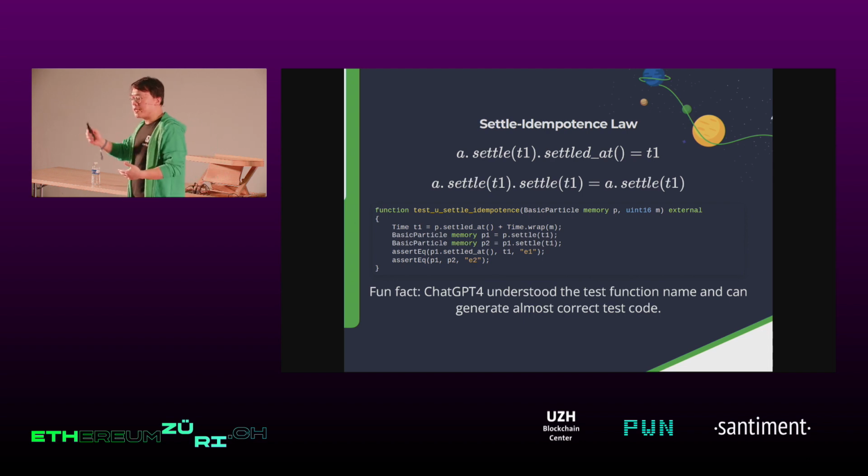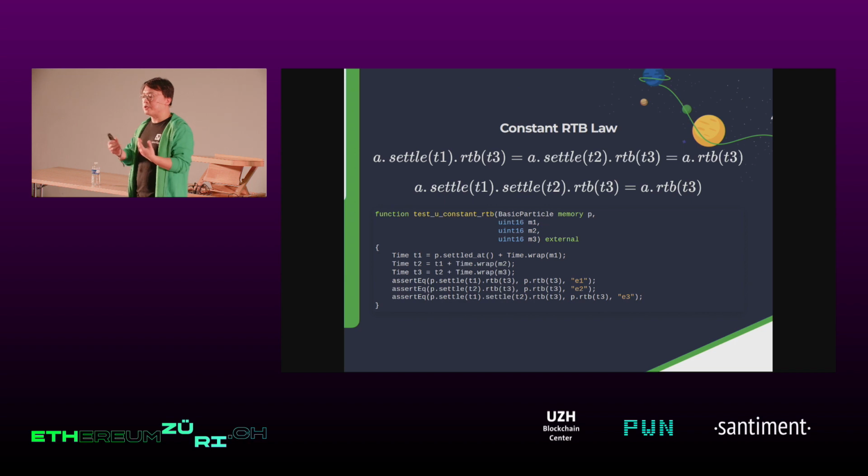This is not very interesting yet. The next interesting one is about the constant flow of money, right? You test that the real-time balance is always the same no matter how you settle it, right? You have three timestamps here in the Foundry-based testing: T1, T2, T3, and you settle in a different order.